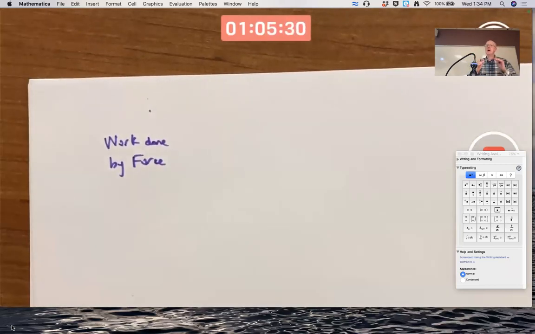But you can also think about work done by a force, even when the force is not against gravity, like a horizontal push. If it's pushing something on a rug, the work is being done against the backward force of friction.